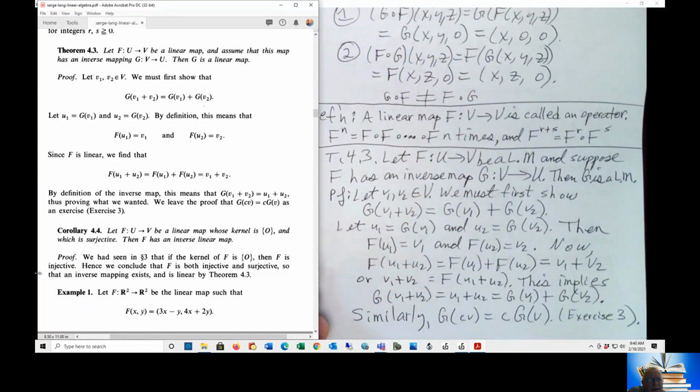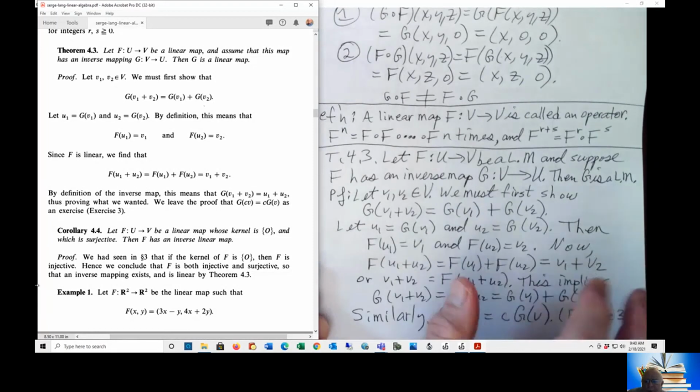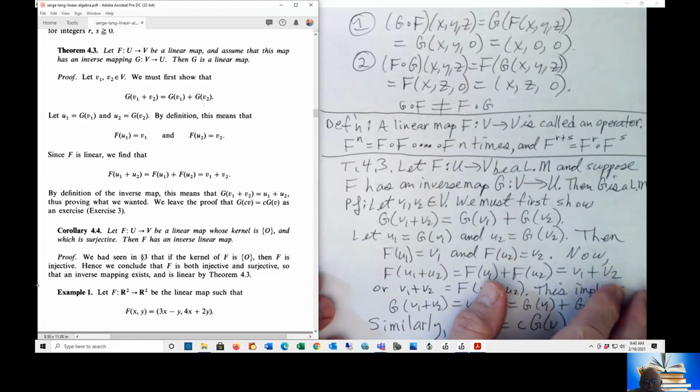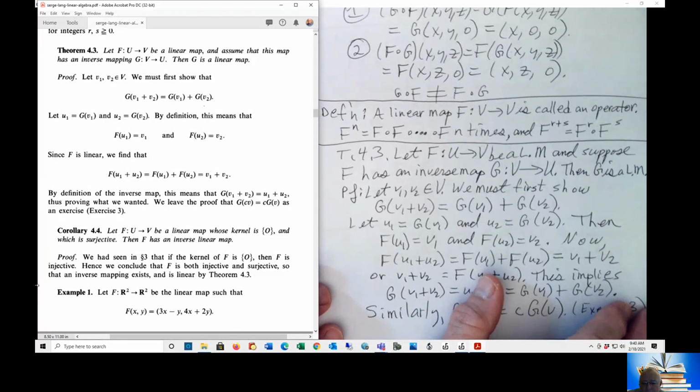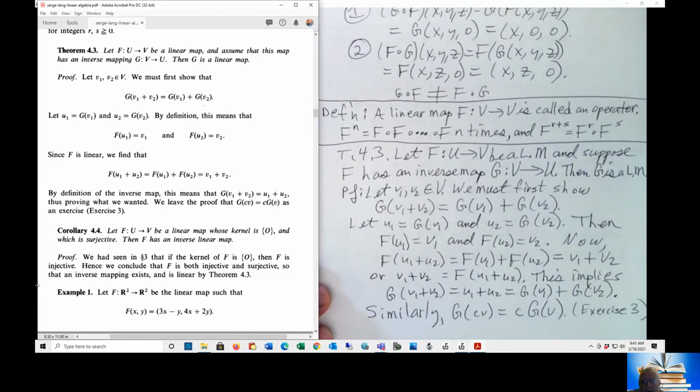All right, so let's consider the proof of Theorem 4.3. And this is one for which you would be responsible. All right, proof. So we want to show that G is a linear mapping.